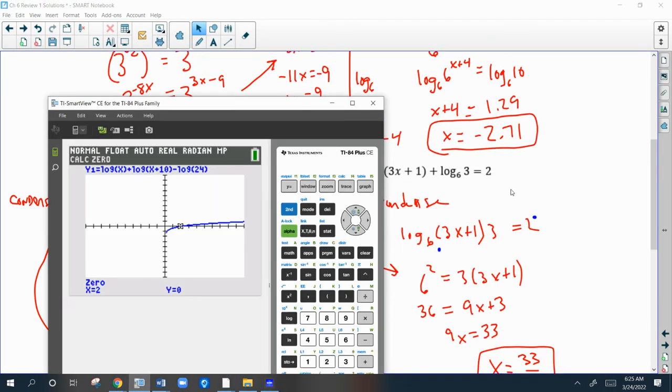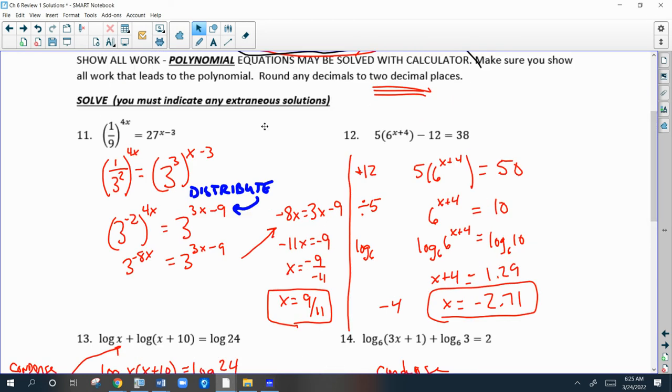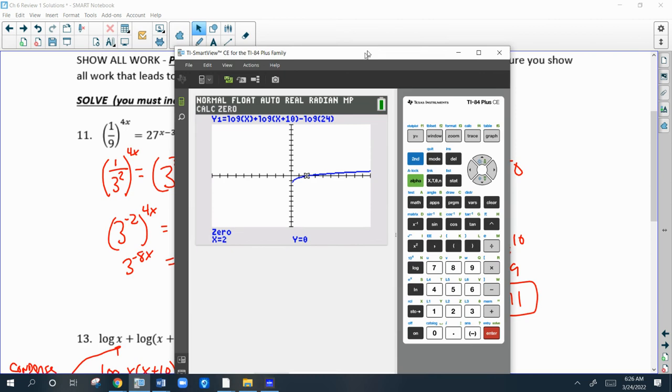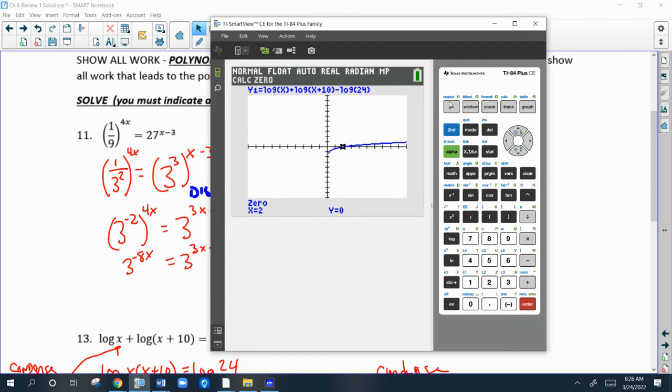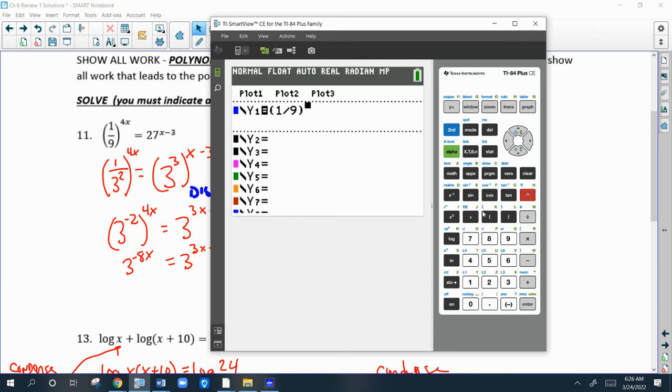You can do that for, like, I'm going to go way up to this question. Let's check this with the calculator as quickly as I can because I want to show you one more thing. Clear this. So 1/9, I'm not going to change it to a fraction. A lot of you like to do that. Probably just do that if you're comfortable. To the 4x.